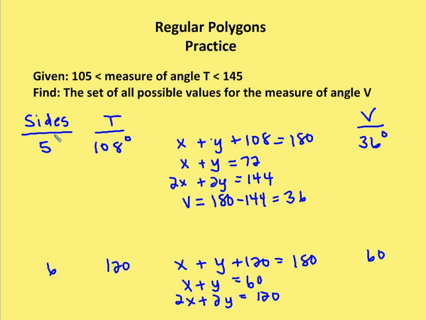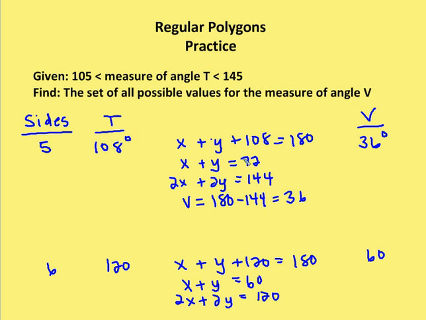All right, so let's take the pentagon first. I have 5 sides. I figured out that the interior angle measure is going to be 108 degrees. So I know that x plus y plus 108 is equal to 180 degrees. I can say, therefore, that x plus y is equal to 72 degrees. Now, if x plus y is equal to 72, then 2x plus 2y is equal to 144 degrees.